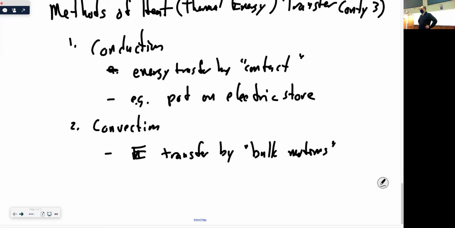Yeah, that's right. It would be transfer from one location to another location within a substance or within a distance. That's right.